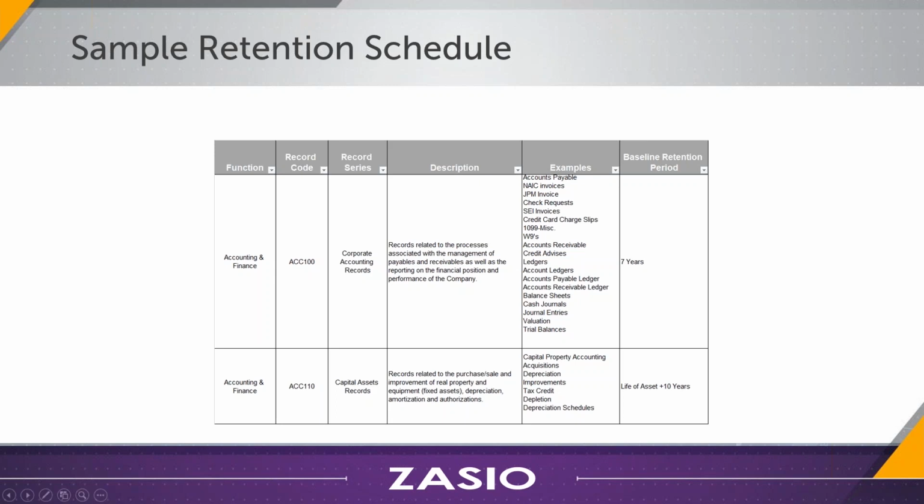And then we have our description: records related to the processes associated with the management of payables and receivables, as well as the reporting on the financial position and performance of the company. That's corporate accounting. And for capital assets, we have records related to the purchase or sale and improvement of real property and equipment, otherwise known as fixed assets, and depreciation, amortization, and authorizations.